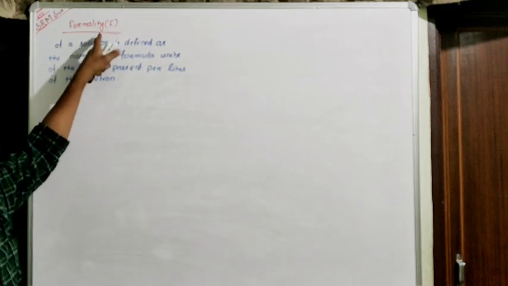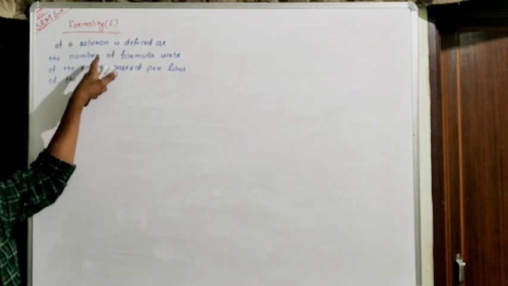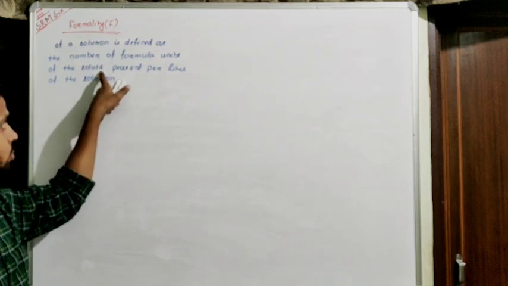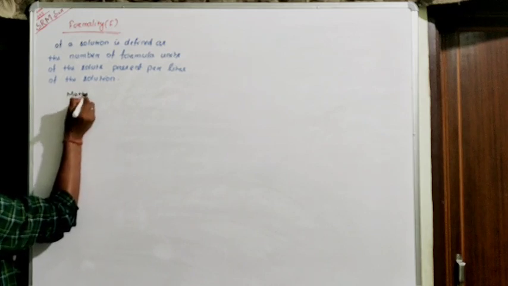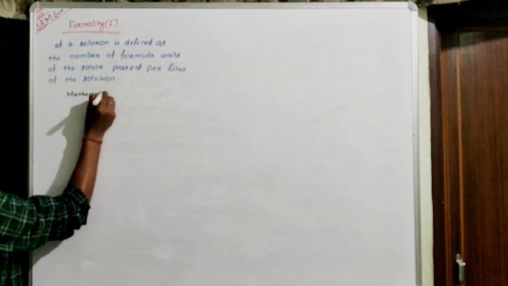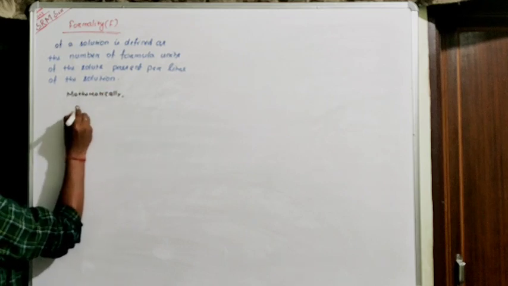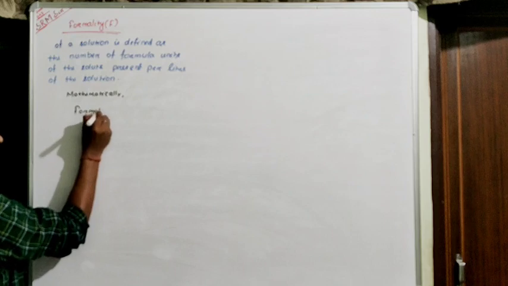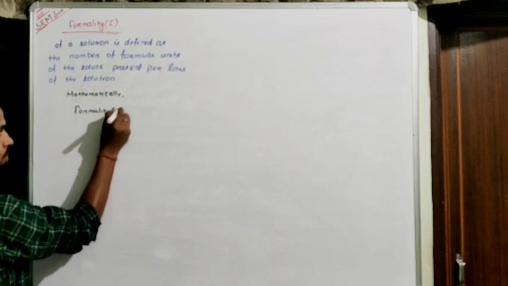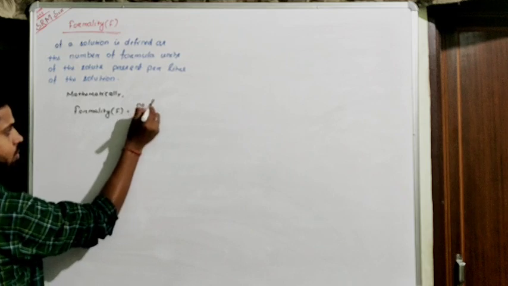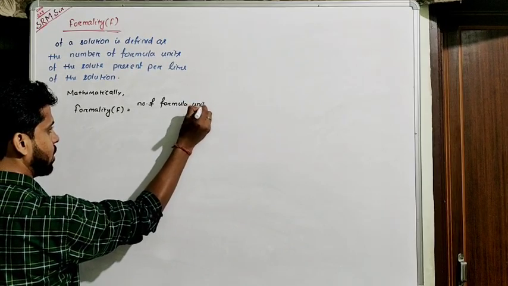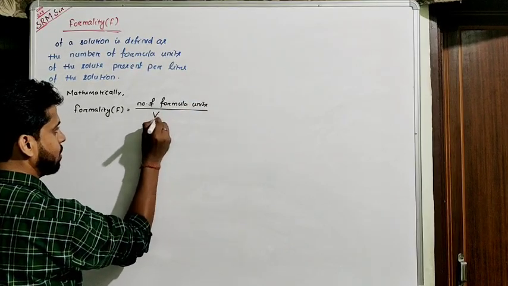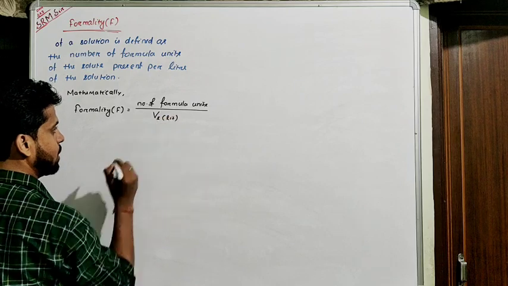What is formality? Formality is nothing but the number of formula units of that solute present per liter of the solution. So mathematically, formality is the number of formula units divided by volume of the solution in liter.